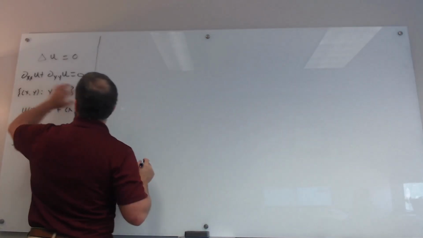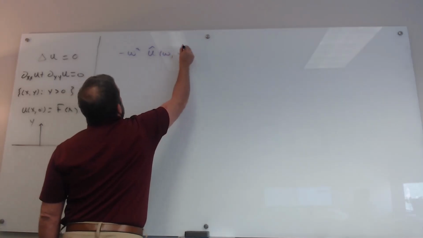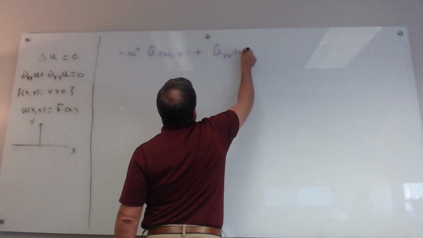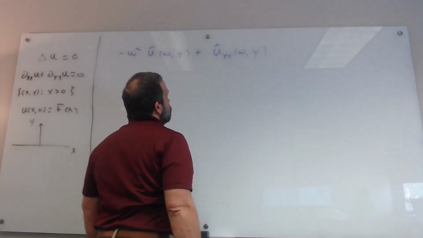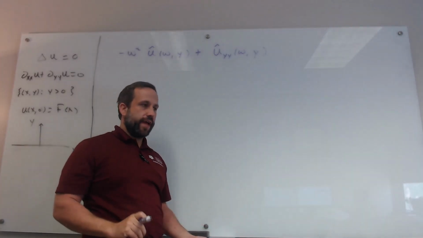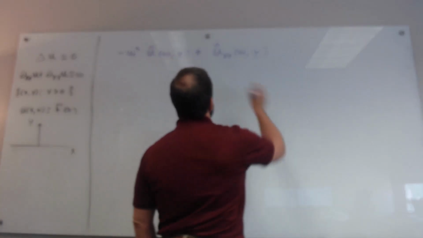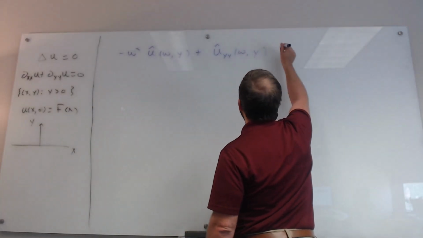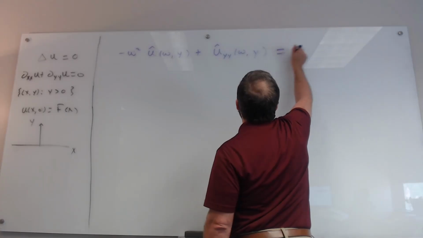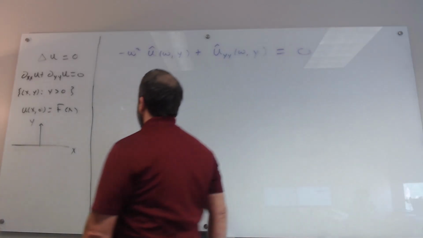So if I take the Fourier transform of this equation, I'm doing it in the x variable, so the Fourier transform of the double x derivative is minus omega squared times u hat of omega, y, plus the double y derivative of u hat of omega, y, or the double y derivative of the Fourier transform. Okay, for similar reasons as it was with the t variable, and then the Fourier transform of 0 is 0.